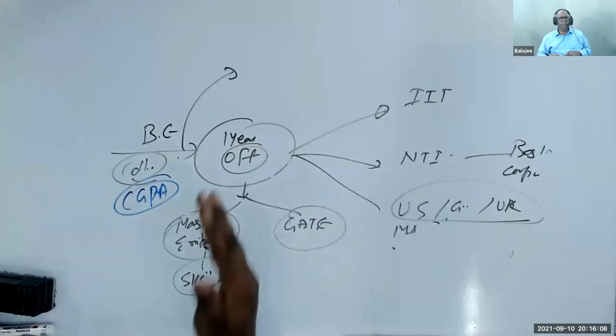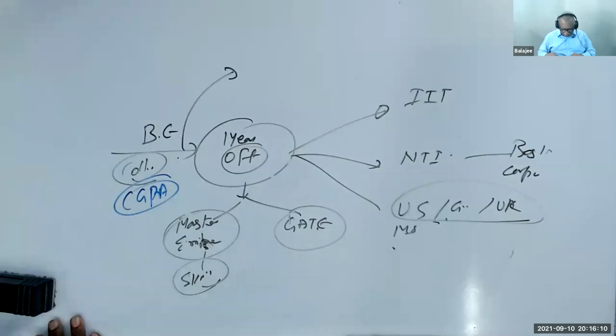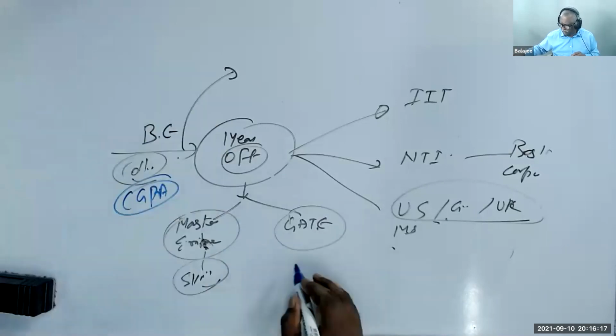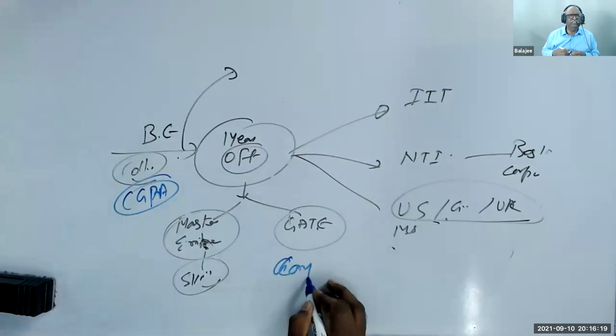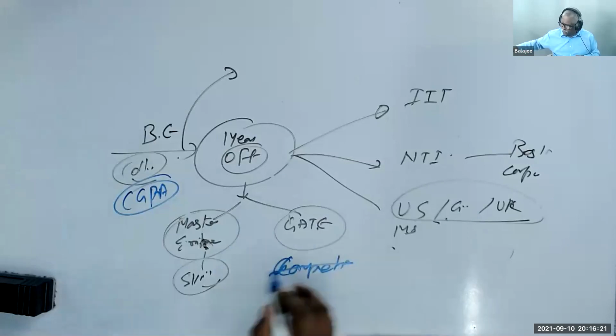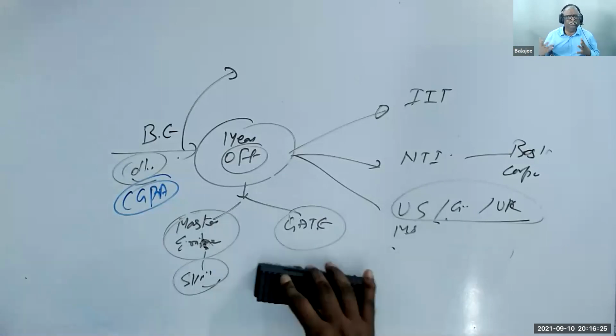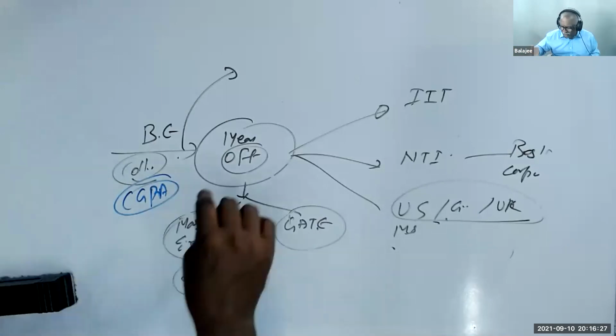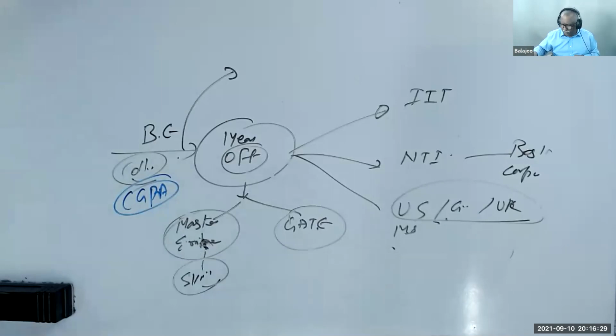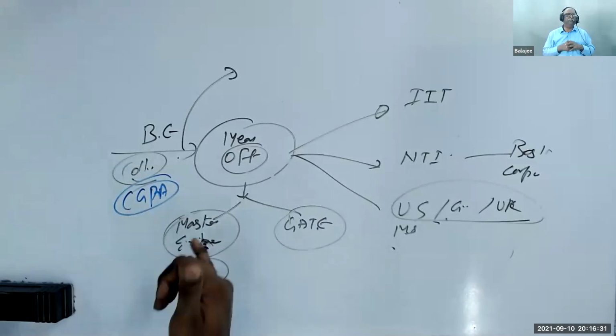Then get into the GATE. This is the rough methodology, because this was not there a few years back. Now, because of GATE competition, this is what I generally prefer. If you are able to afford to take a year off, do this. You will learn much more than joining a company.